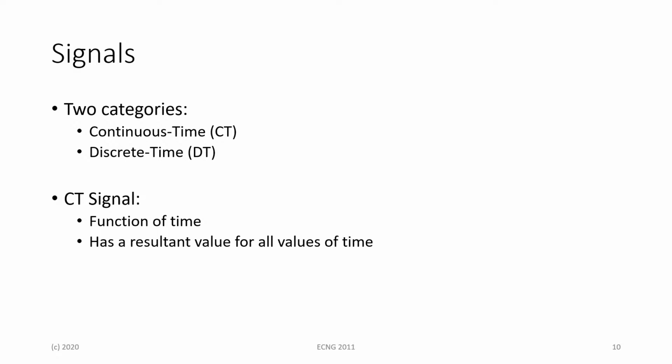So our continuous time signal is always a function of time, unless we apply a transform to get a function of frequency. For any instance of time, there's always going to be a resultant value. So we can say time is equal to 0.001, and we'll obtain a y value for this time in particular because of the mathematical nature of the signal.